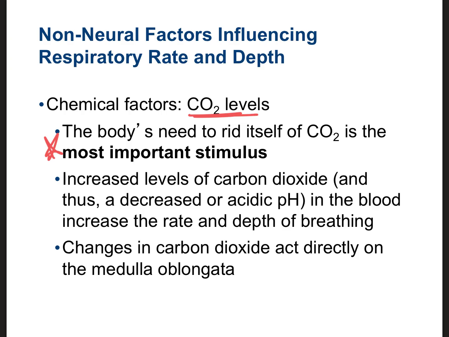Because carbon dioxide is transported throughout the body in the blood, right? Dissolved in plasma in the form of what? What is most carbon dioxide transported as? Carbonic acid, which then transfers into bicarbonate ion, okay?